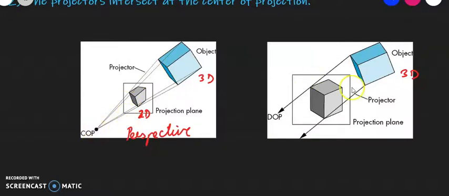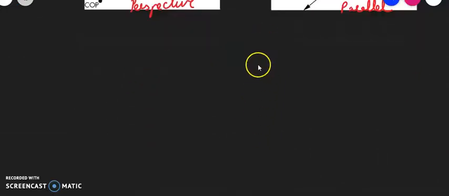So this is parallel projection. These are the two most important broad categories of projection, perspective projection and parallel projection. We also try to show you the same thing using an example.